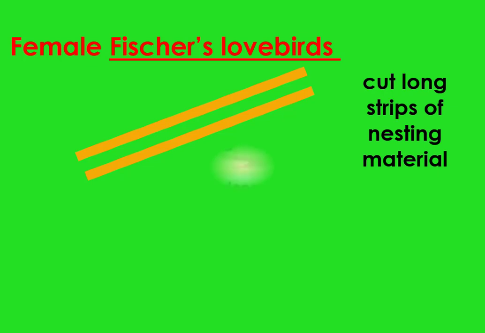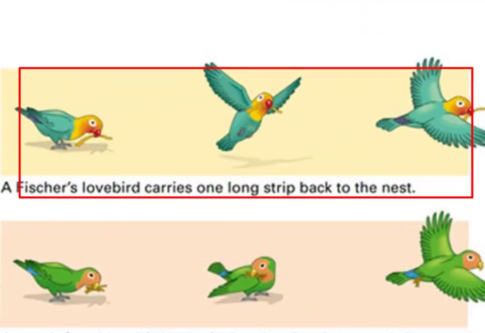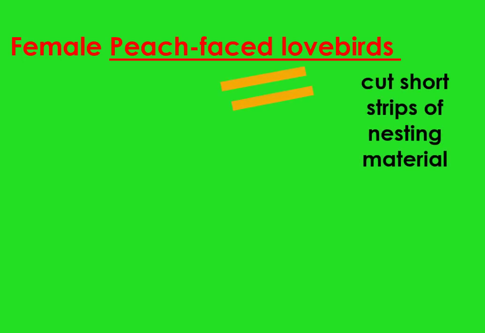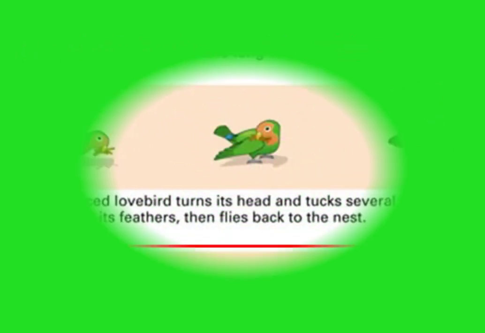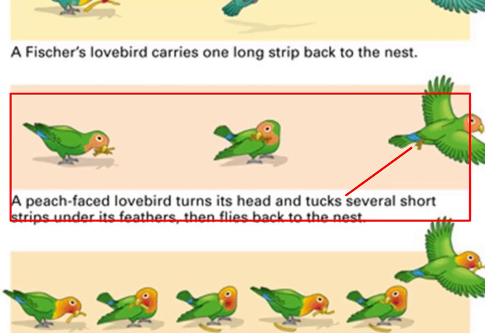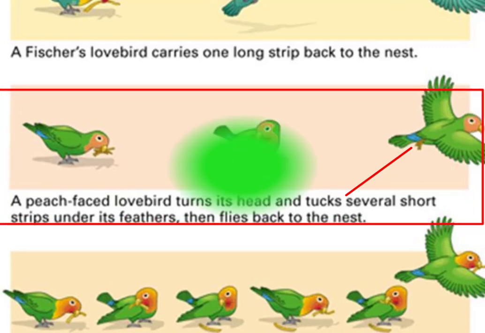When we see nesting behavior of each lovebird, female Fischer's lovebirds cut long strips of nesting material and transport or carry the strips individually to the nesting site, whereas the female peach-faced lovebirds cut short strips and carry several at a time by tucking or putting the strip materials into their back feathers.